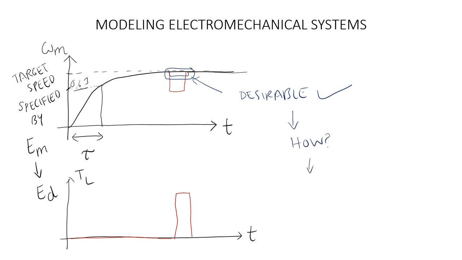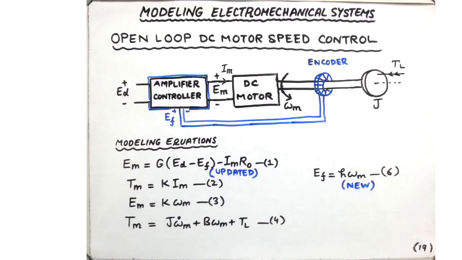Well, the solution is in the form of feedback. We are going to take a feedback of omega m. So in the feedback-based DC motor speed control, this is no longer an open loop system.